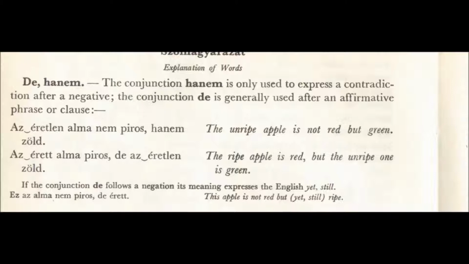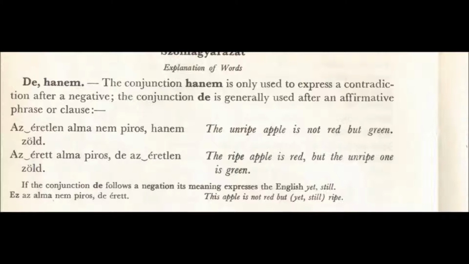So, az éretlen alma nem piros, hanem zöld. The unripe apple is not red but green. Piros is red and zöld is green.